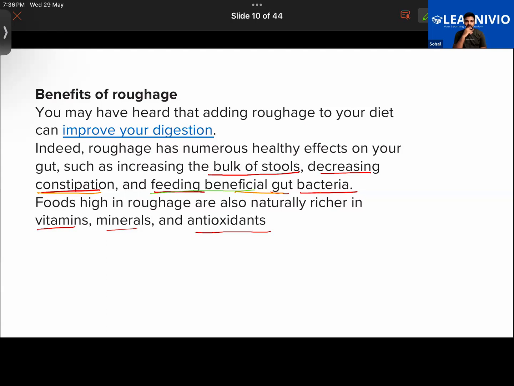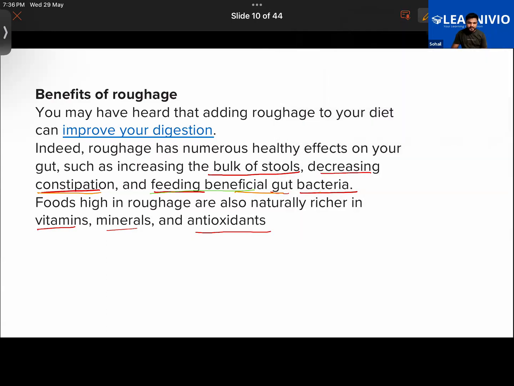The roughage is also present in grains and pulses. Obviously, it is present in basically any plant-based food, whether green leafy vegetables, grains, etc. Everywhere it will be found.